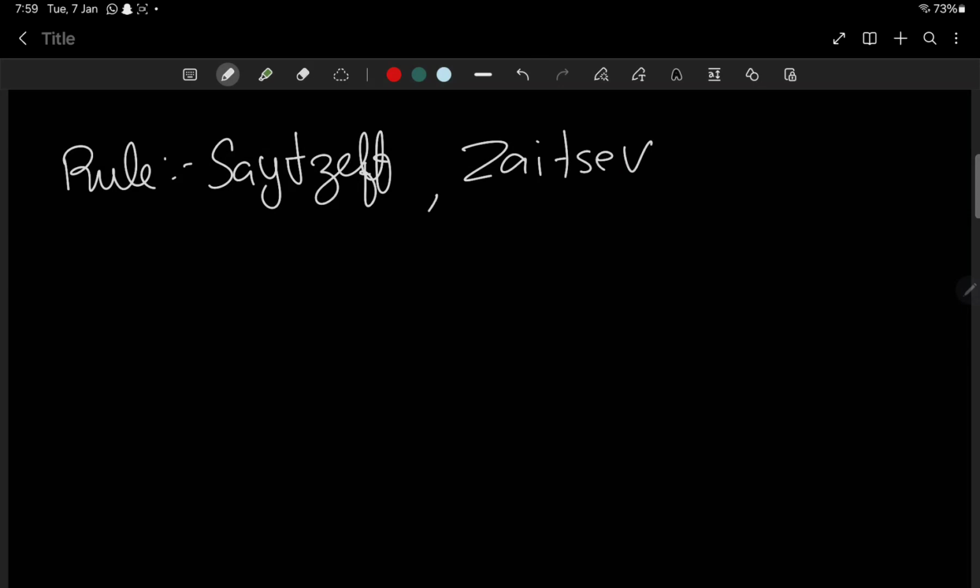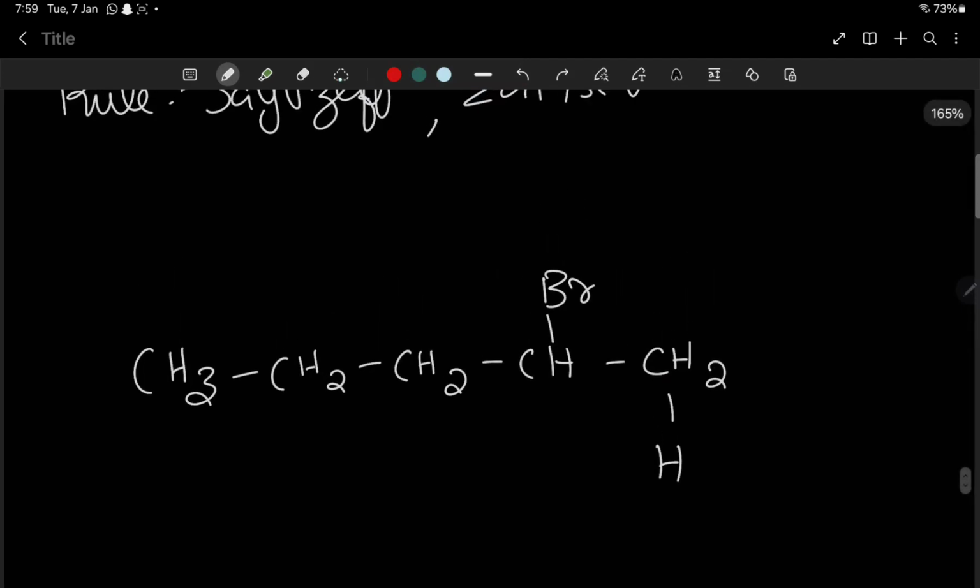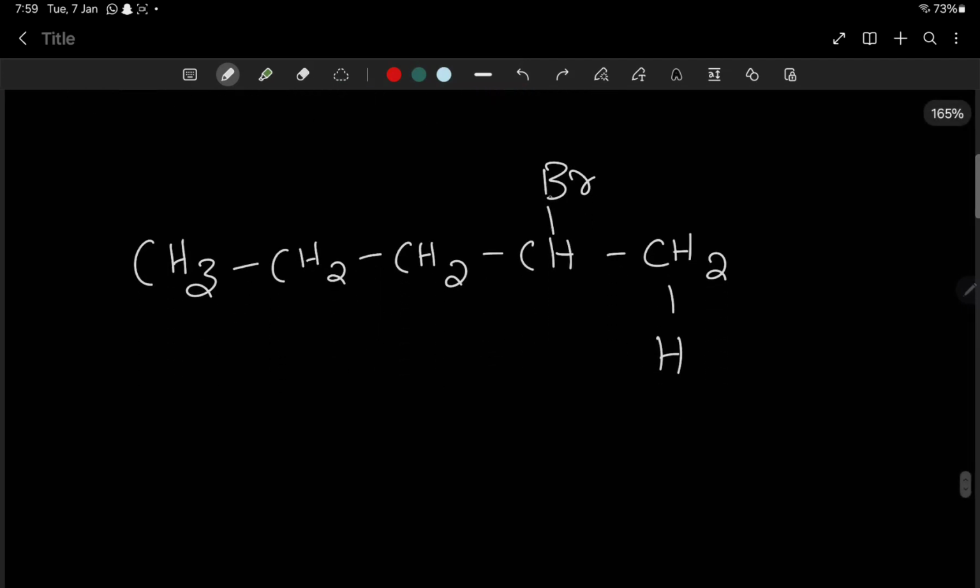The rule is telling that, look, I'm having a compound here, CH3, CH2, CH2, CHBr, CH2, CH3. This compound has two possibilities to form a double bond. One, it can fall here, or the double bond can fall here. Which one is preferred? The double bond is going to fall to this side.